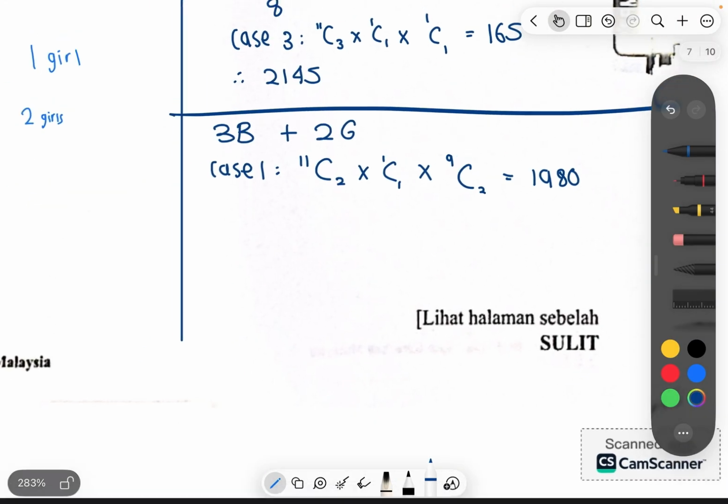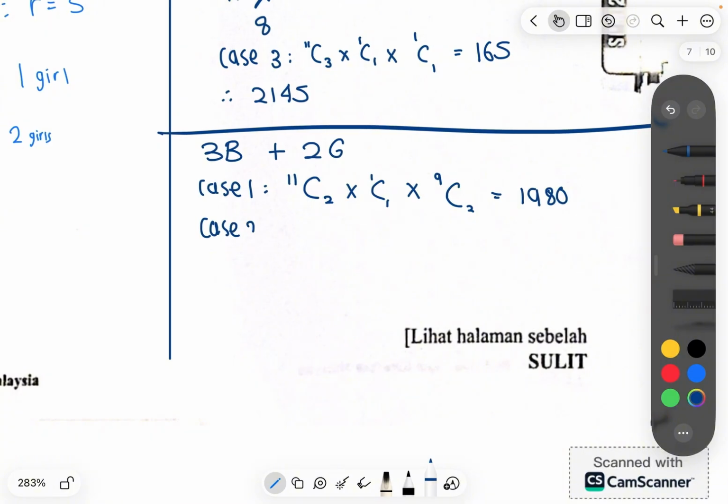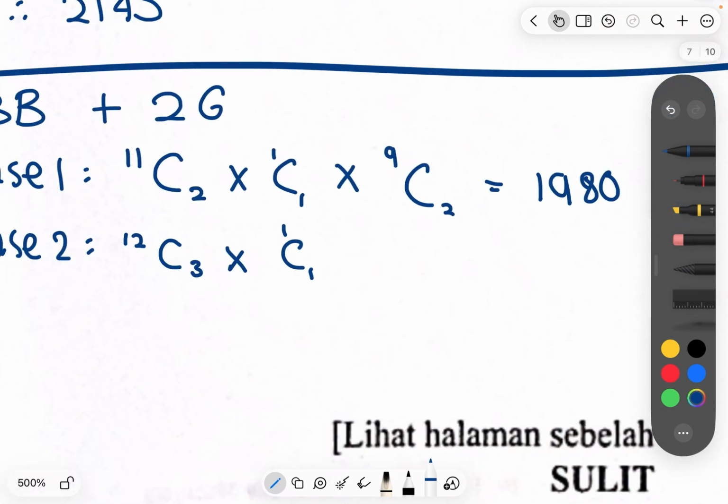Now case 2, instead of choosing Zam, I'm going to choose Min only. So this is 12C3 times 1C1 for Min, and just now because there should be only 1 girl, this one I can have 2 girls, so minus, it becomes 8 because I chose Min. So times 8C1 and I get 1760.